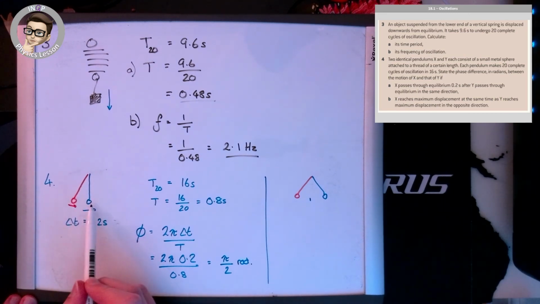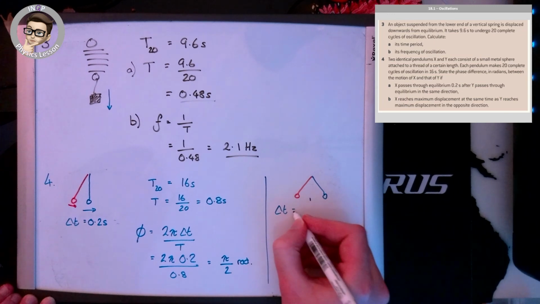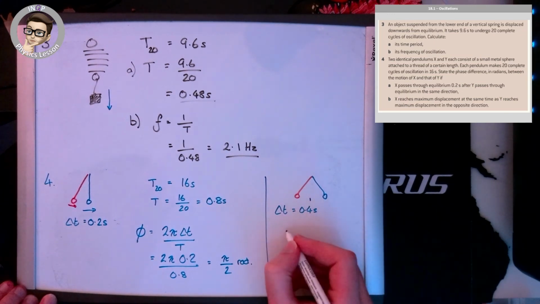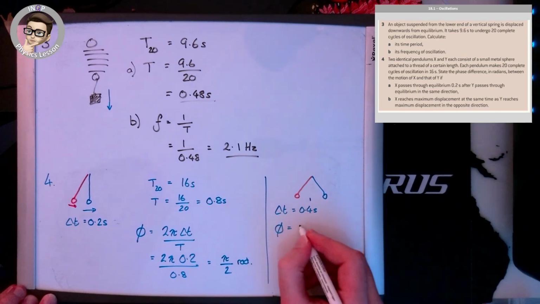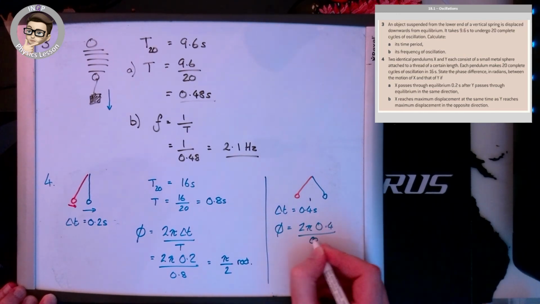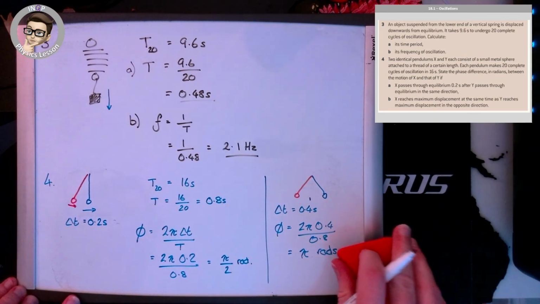It's going to take another 0.2 seconds to go from there to there. So that means between the two there must be 0.4. So your change in time this time is 0.4 seconds. So therefore now we have a phi equal to 2 pi multiplied by 0.4 over 0.8, which is a half. So that is just going to be pi radians. Oh, no S on radians, just rad.